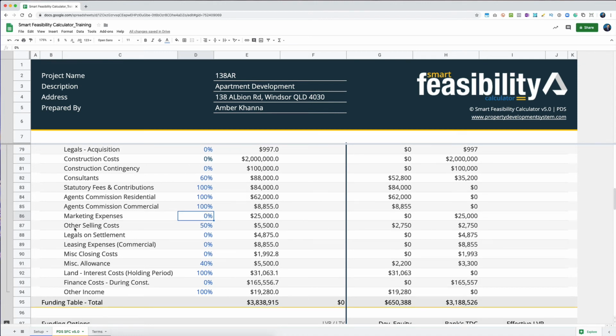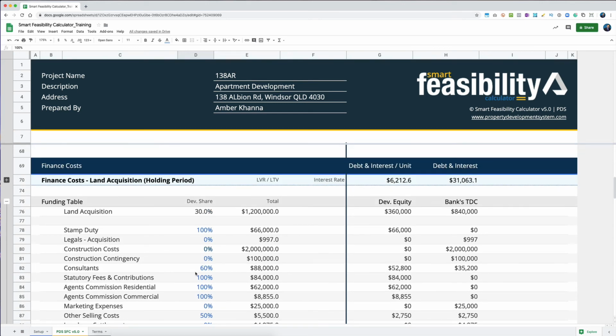Then we've got other selling costs, we've got legals on settlement, we've got leasing expenses, we've got miscellaneous closing costs and so on. So stuff like this, which are your closing costs and everything, the bank would consider this because it is happening right at the end of the project. And then you've got miscellaneous costs, land interest or holding period. So let's say you're going to be holding this interest now.